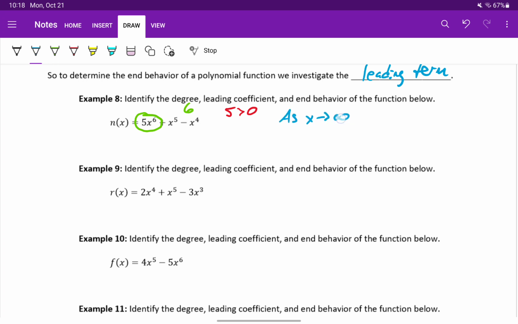So we'll consider as x approaches infinity and as x approaches negative infinity. The degree is even, so our function n of x should be headed to the same value in both directions. Our value for a is positive, so our curve is opening up. So our function is headed to positive infinity at both ends.